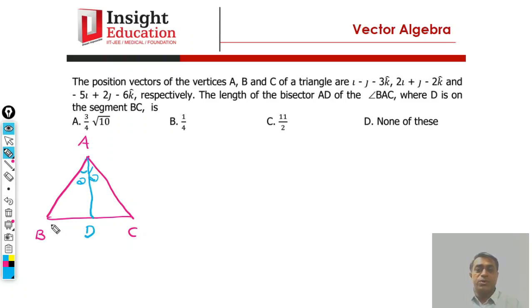So what is the ratio of BD and DC? That we don't know. Here D is on the segment BC. So find the length AD, the length of the bisector AD.